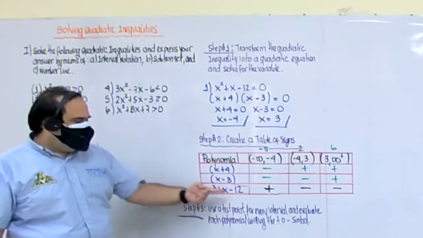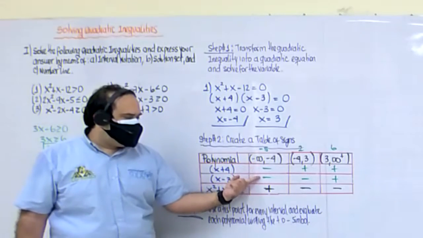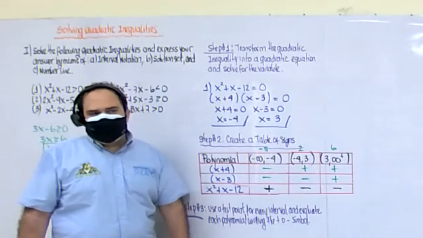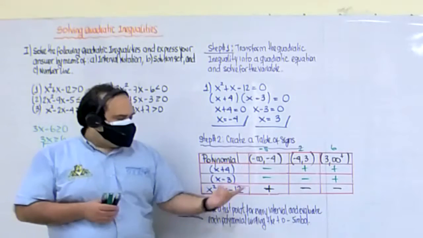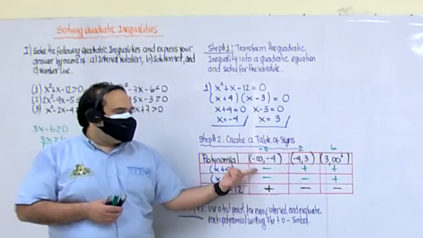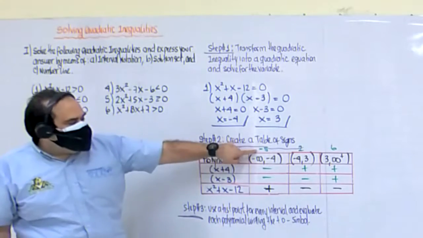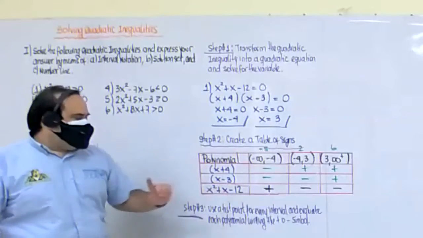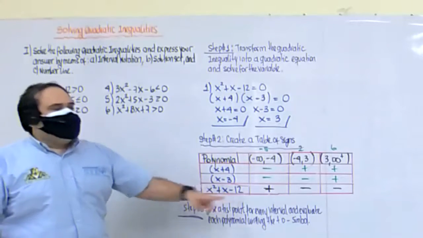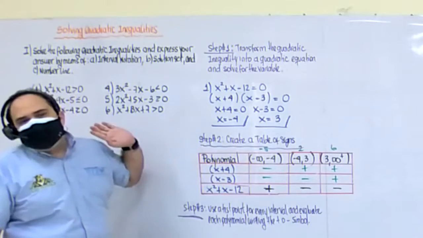Well, actually, in this one you don't need to do that. The only thing you have to do, when you have these two answers, is multiply their signs, and that's it. Negative times negative, positive. That's why I'm changing the color. If you see, the black one will be the answer for multiplying their signs. But if you wish, you can evaluate at negative 5. Negative 5 to the second power is 25. Minus 5 is 20. 20 minus 12 is positive 8. Positive. You can choose that one too if you wish.